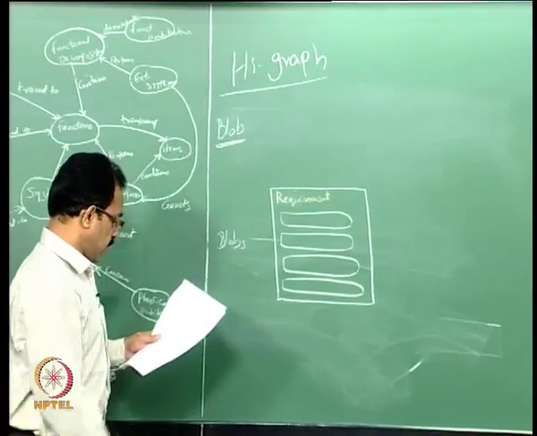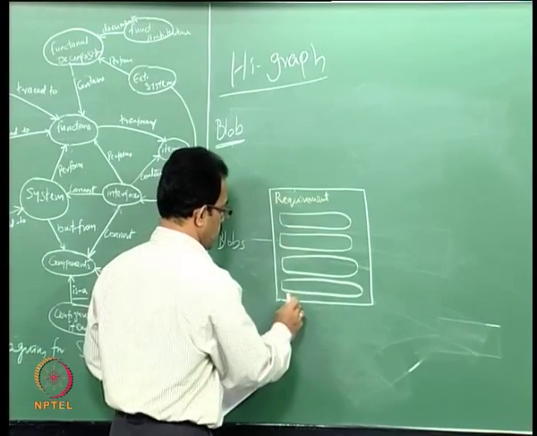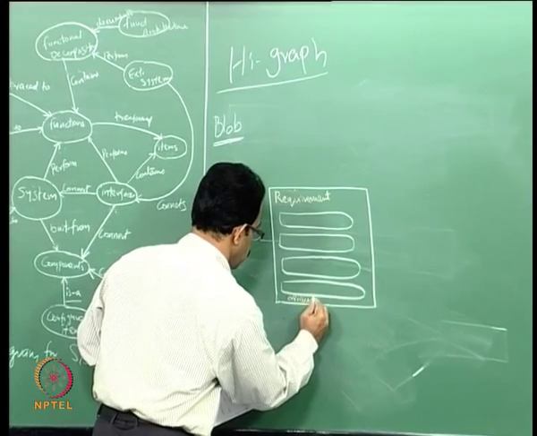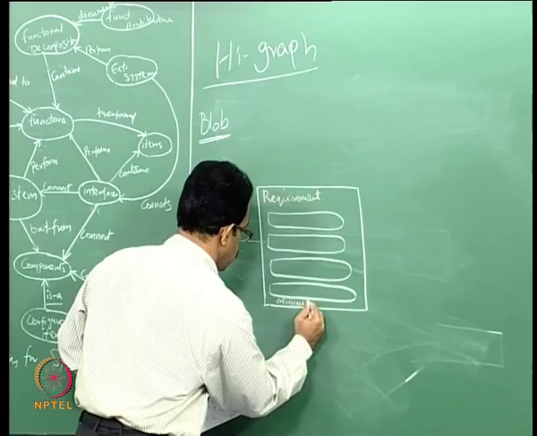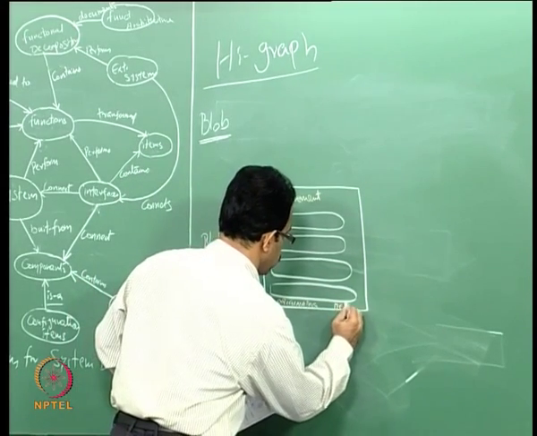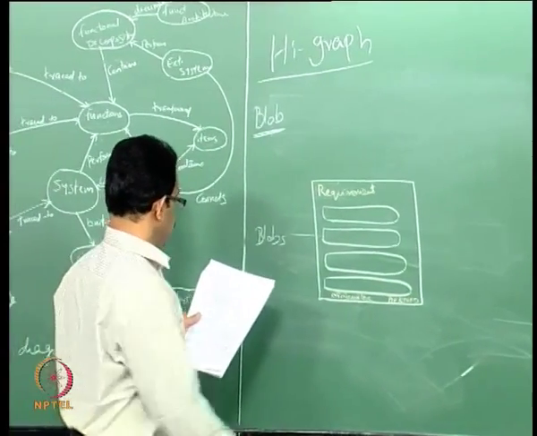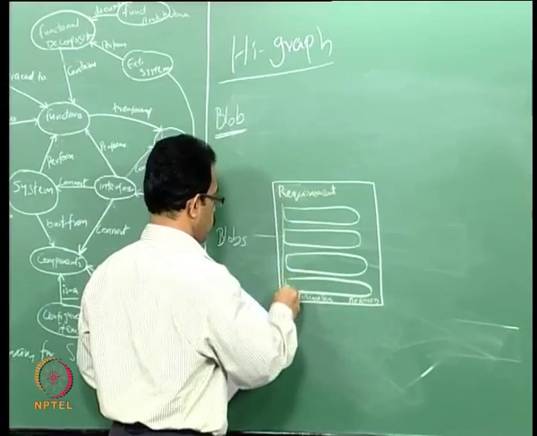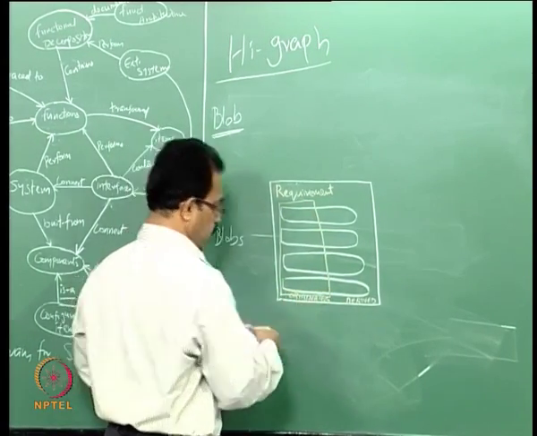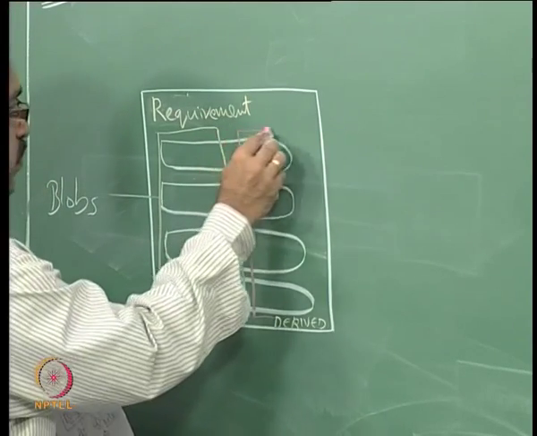So, requirement as an entity, and then I can have many requirements over here, because I can have originating requirements as well as derived requirements. And in originating requirement itself I can have, so this is the originating requirement, and this is the derived requirement.